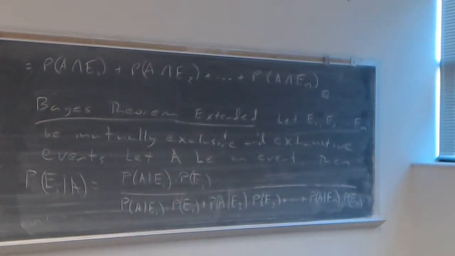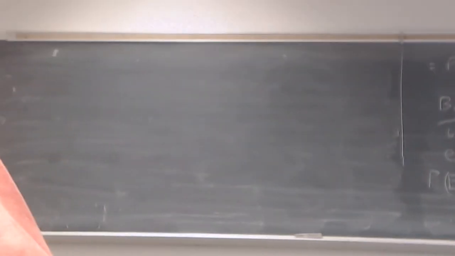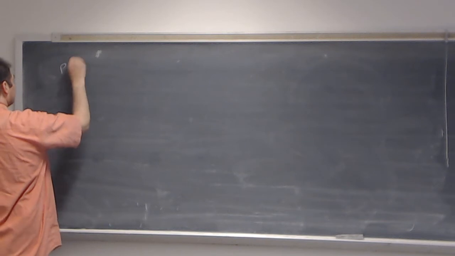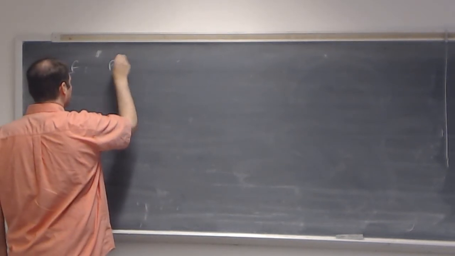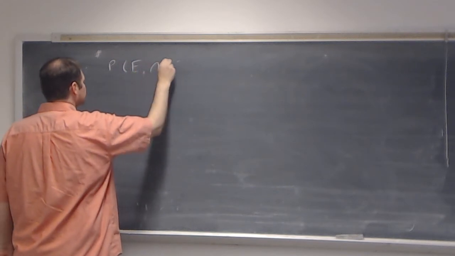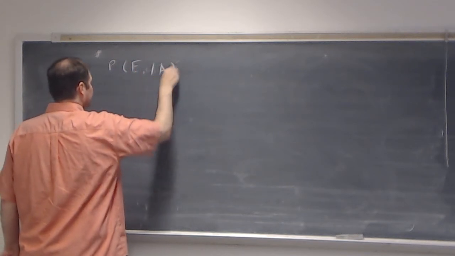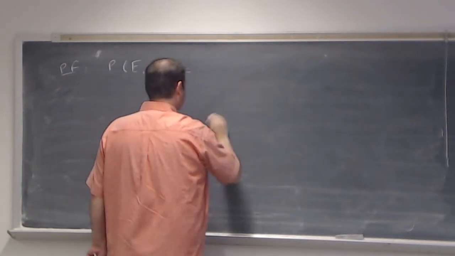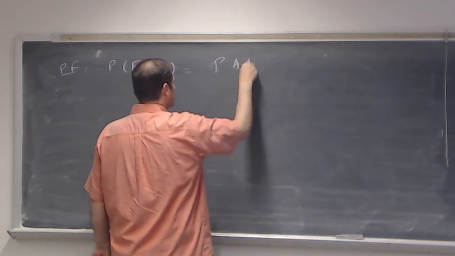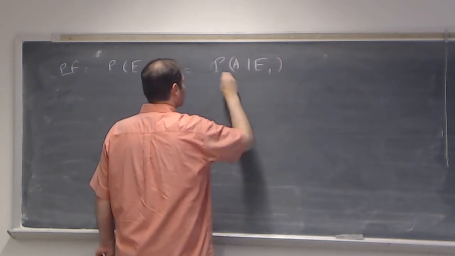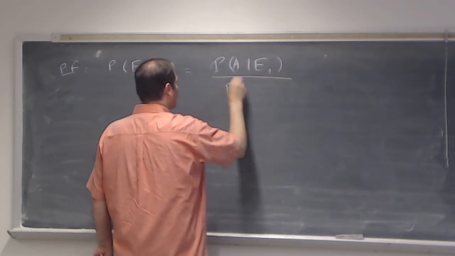Okay, so prove. Proof is real simple. So here, the probability of E1 given A is the same thing as by Bayes' theorem, the original Bayes' theorem, the probability of A given E1 over the probability of E1.